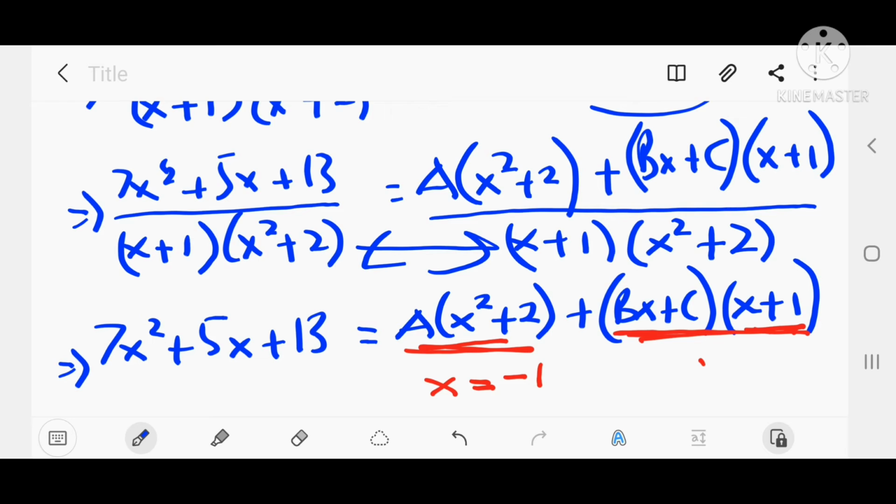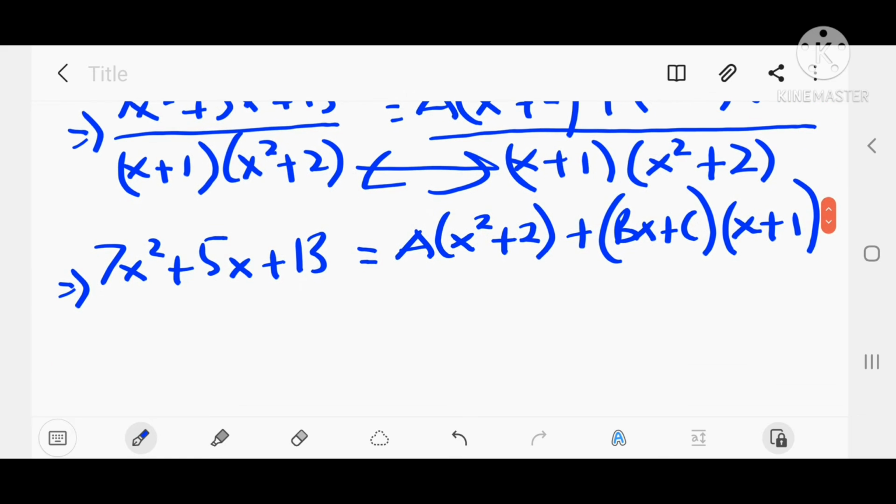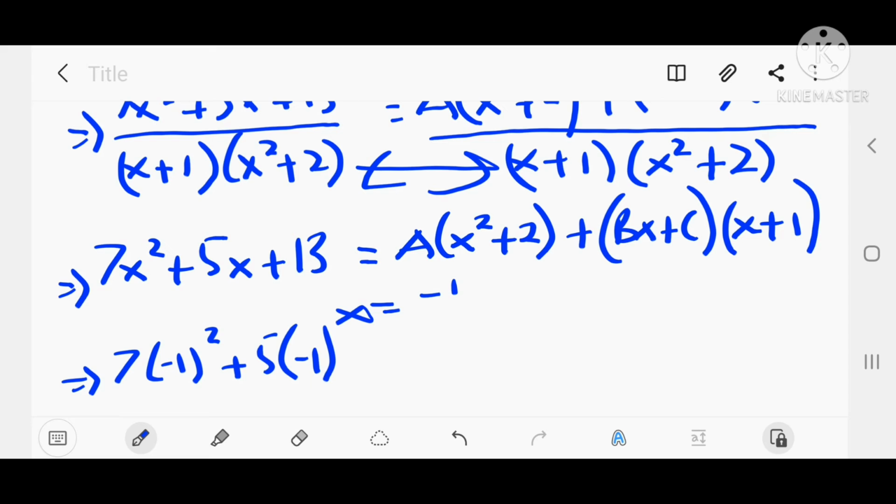So x equals -1. This implies that 7 times (-1) squared plus 5 times -1 plus 13 equals a bracket open x squared plus 2. All of this becomes 0, so plus 0.